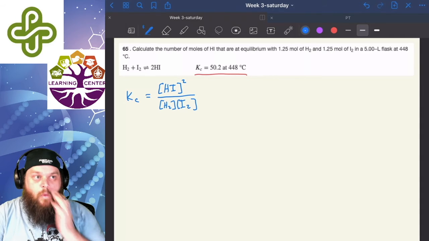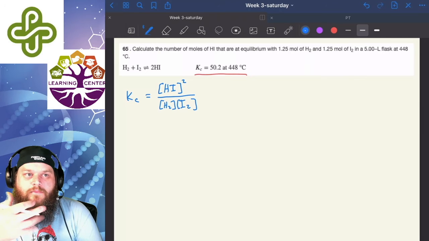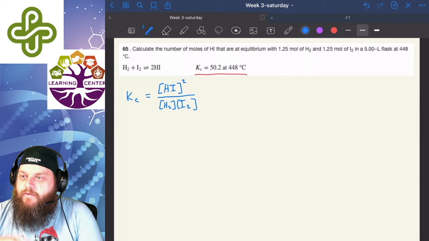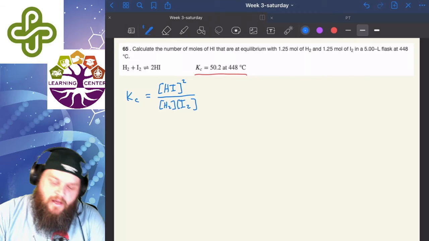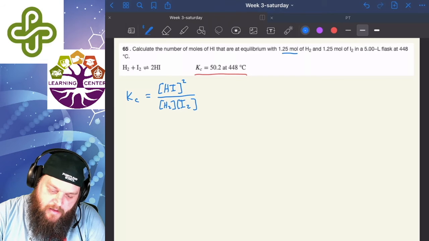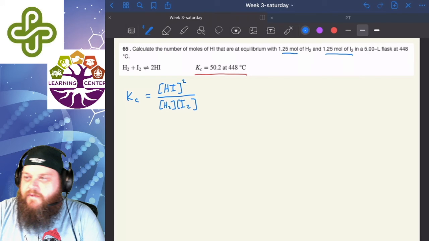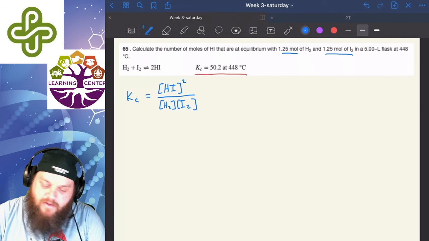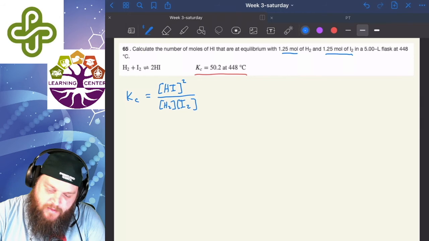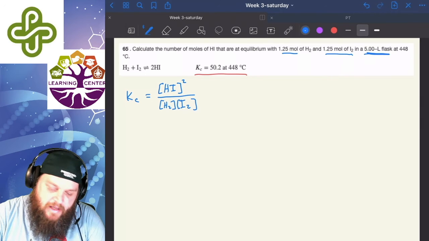We can then use the information they gave us to solve for the concentrations of H2 and I2. We know that there's 1.25 moles of H2 and 1.25 moles of I2. There's an equal amount of those because they're both in the same volume of flask.